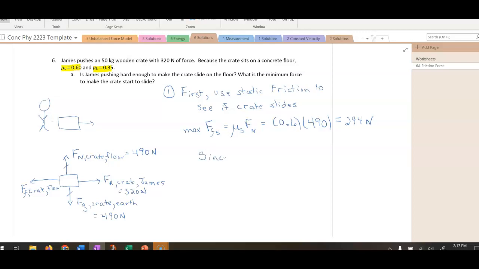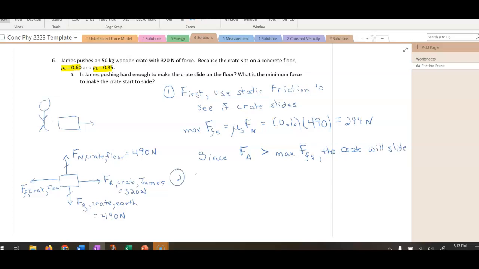Since the applied force is greater than the maximum static friction force, the crate will slide, right? He's pushing with enough force to overcome the static friction.